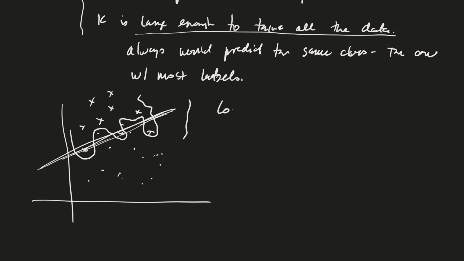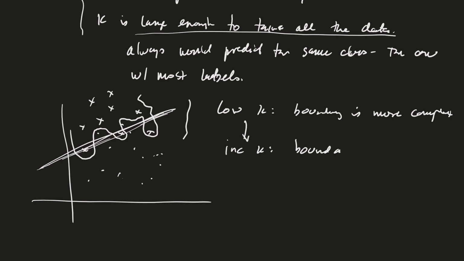For low values of k, low k means that the boundary is more complicated or more complex. As you increase k, the boundary smooths out. And so typically you want your boundary to be fairly smooth. This is what we mean by a generalization.